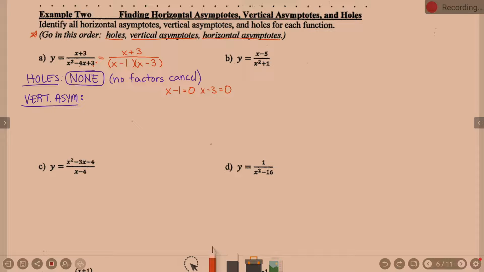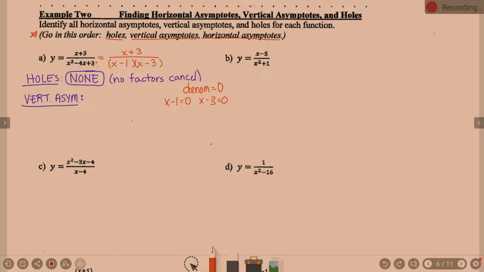Actually, I'm going to put it right above that. You can put it below if you want. Denominator equal to 0. So x minus 1 equals 0. X minus 3 equals 0.